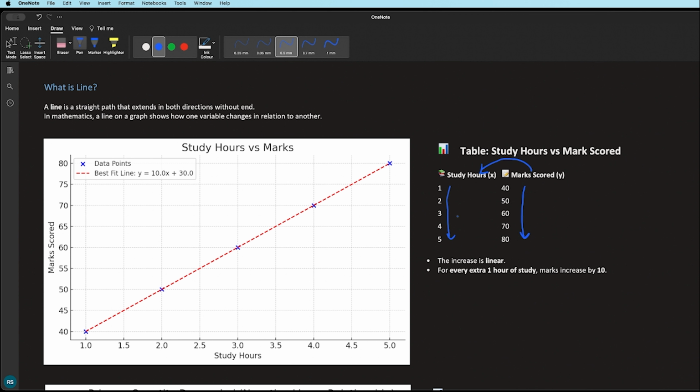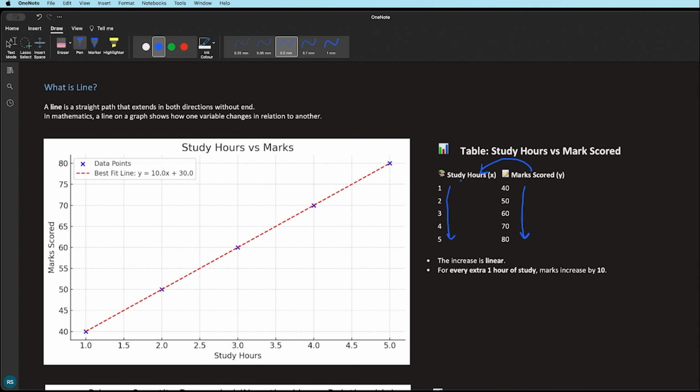When the x variable increases, y also increases, and this relationship is linear. You can see that for every extra 1 hour of study, the marks increase at a rate of 10. This line is also called a positive linear relationship.